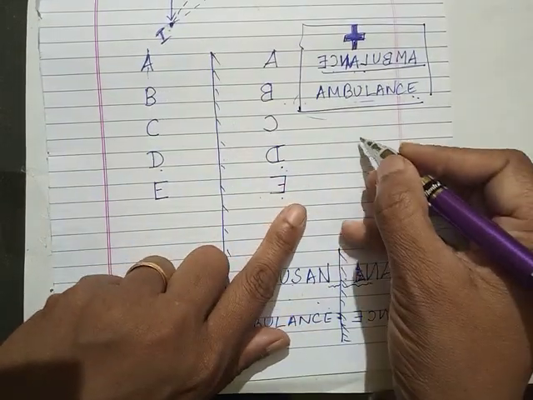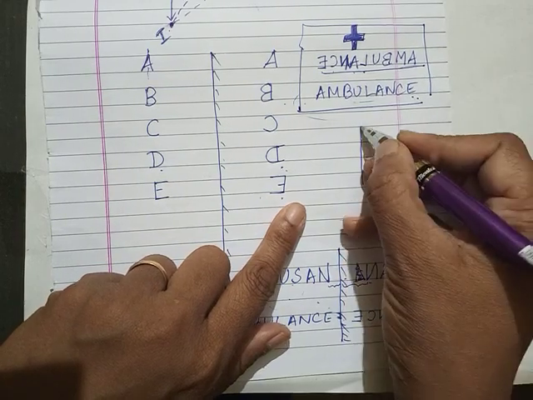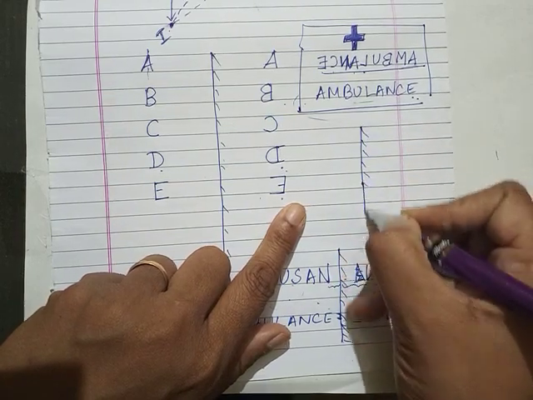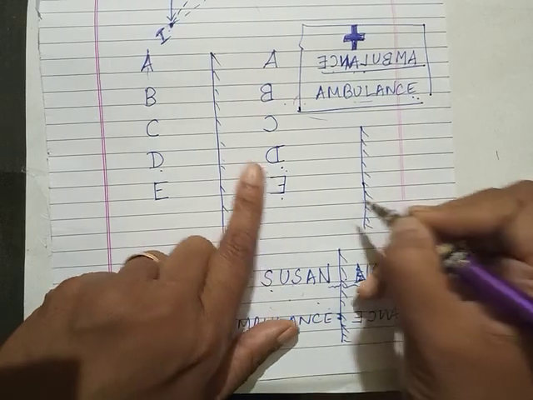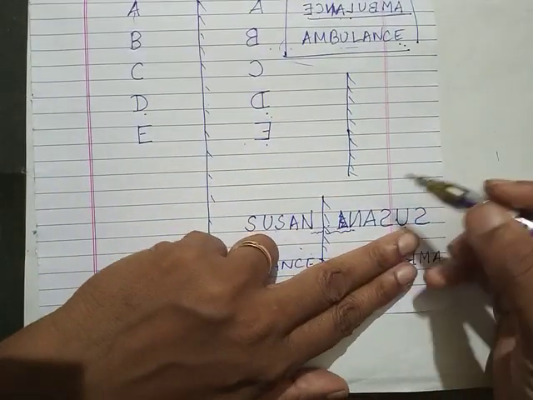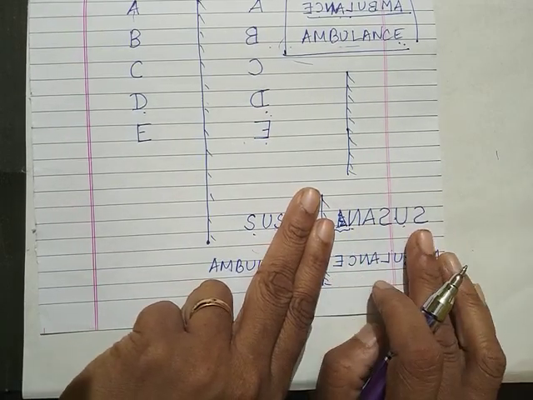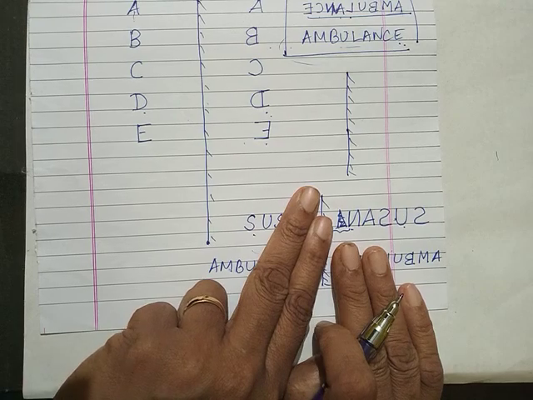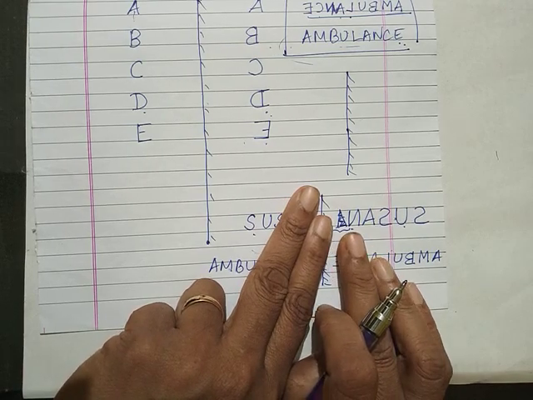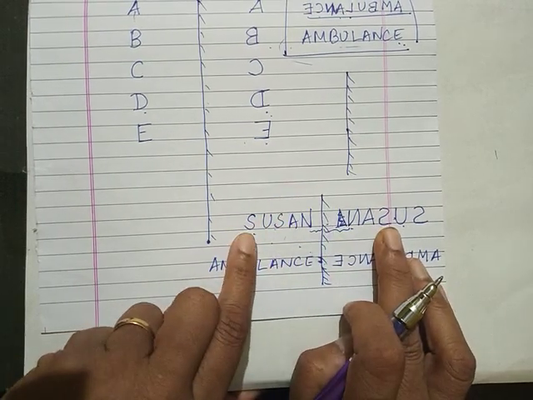Okay, so this is a very important practical application in day-to-day life. Now there is one more thing I want you to remember. There are some words whose mirror image and real image will be the same. If it is Susan, it's very hard for anybody to understand; if I just write it, it's hard for people to find out this is a mirror image of my name, right?